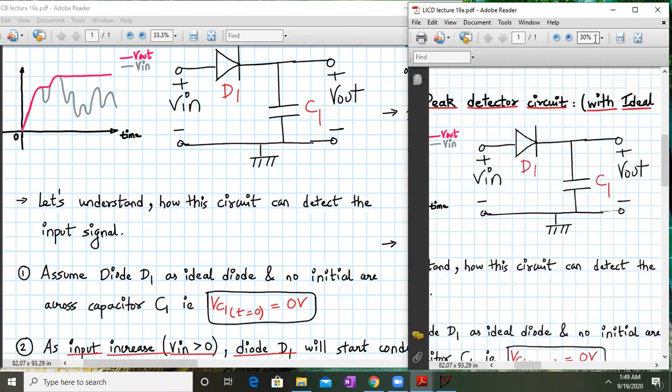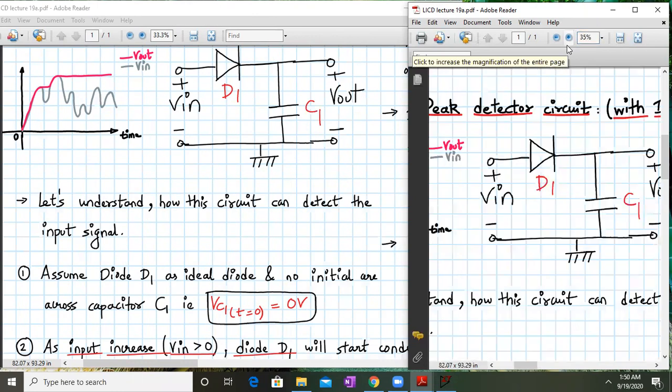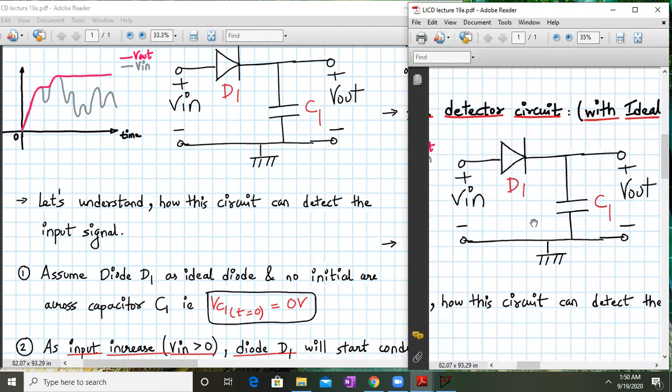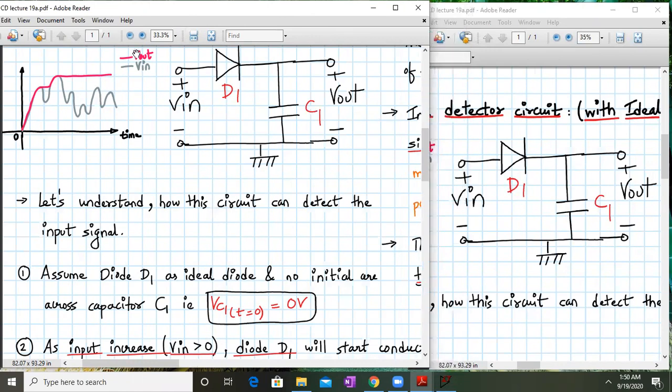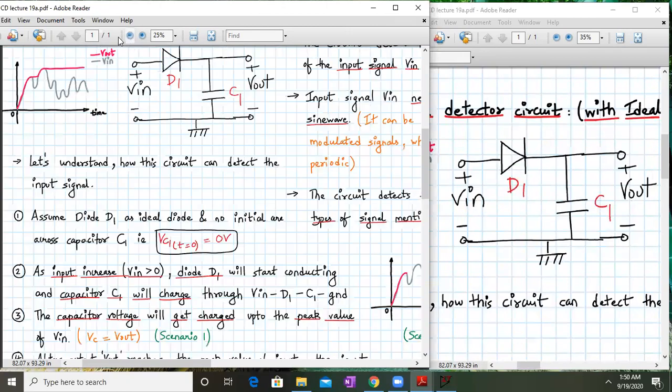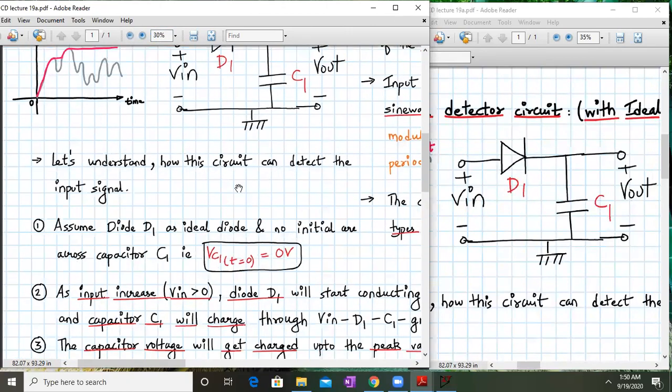Okay, I think this is visible now. Okay, so let us start the analysis. Okay, so let us understand this circuit, which can detect the peak of the input signal.